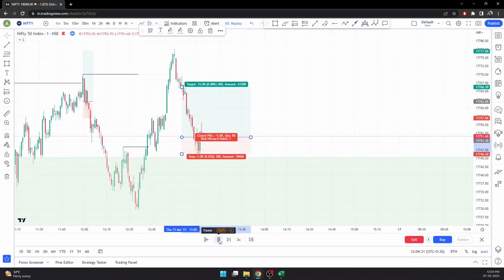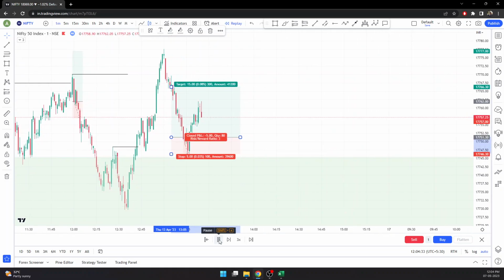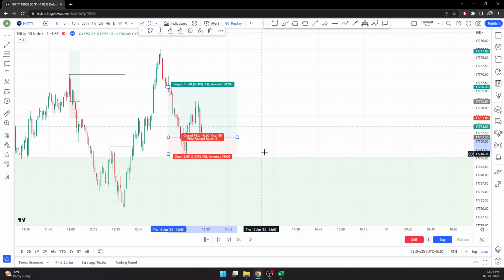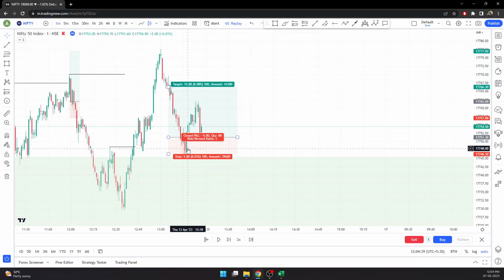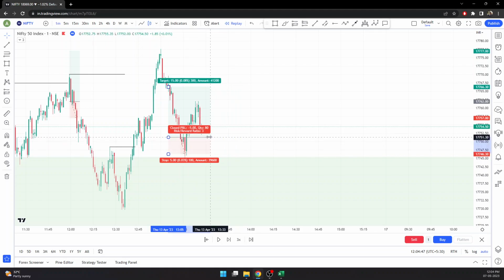This is where we got the entry. SL was hit. So this is what happens, even though we knew what could be a very strong entry.